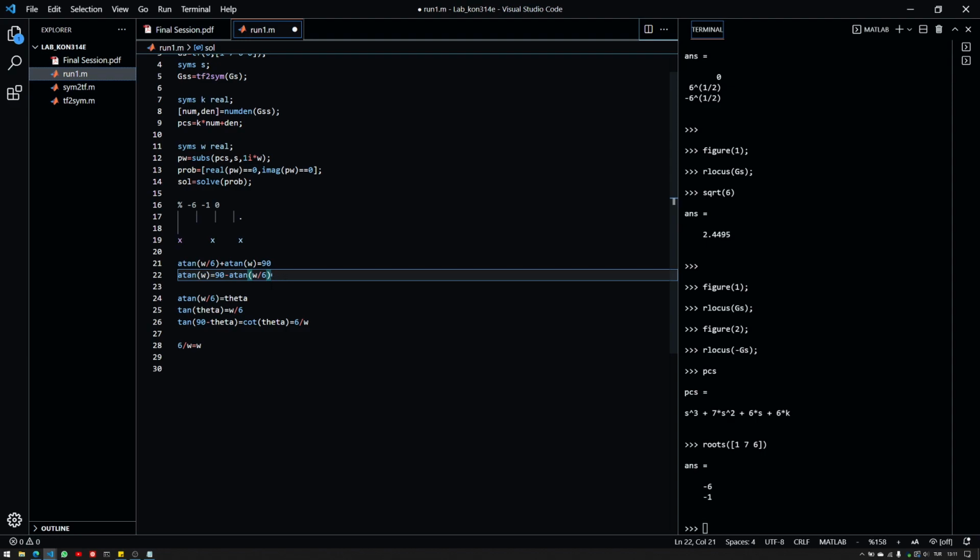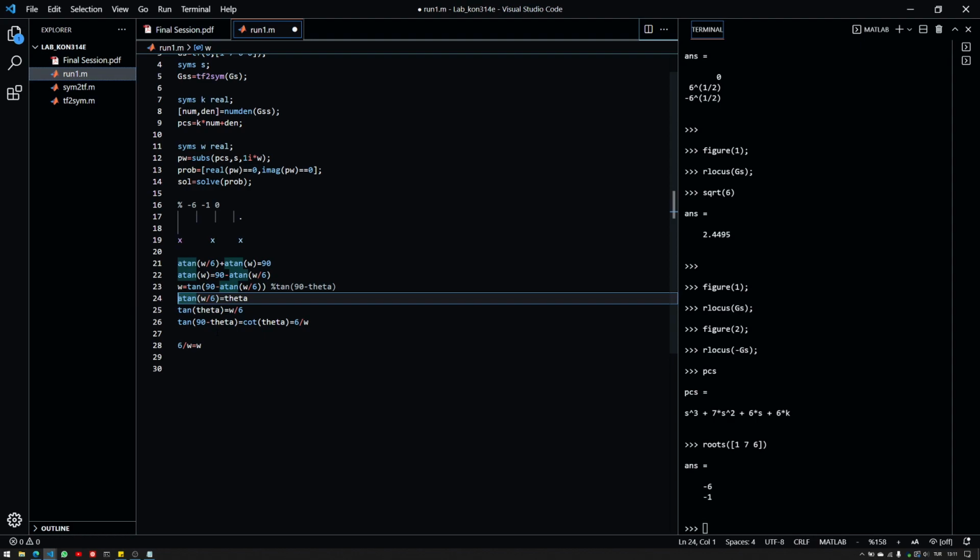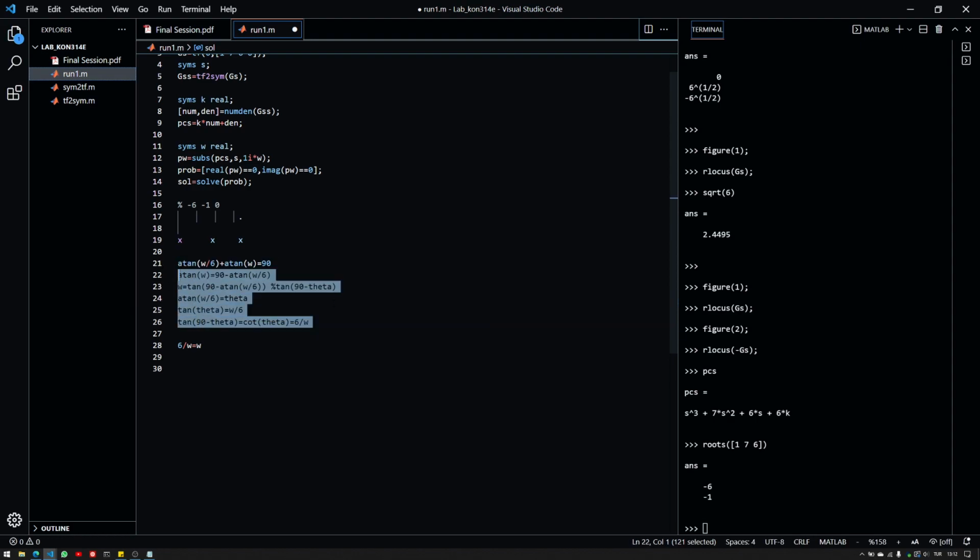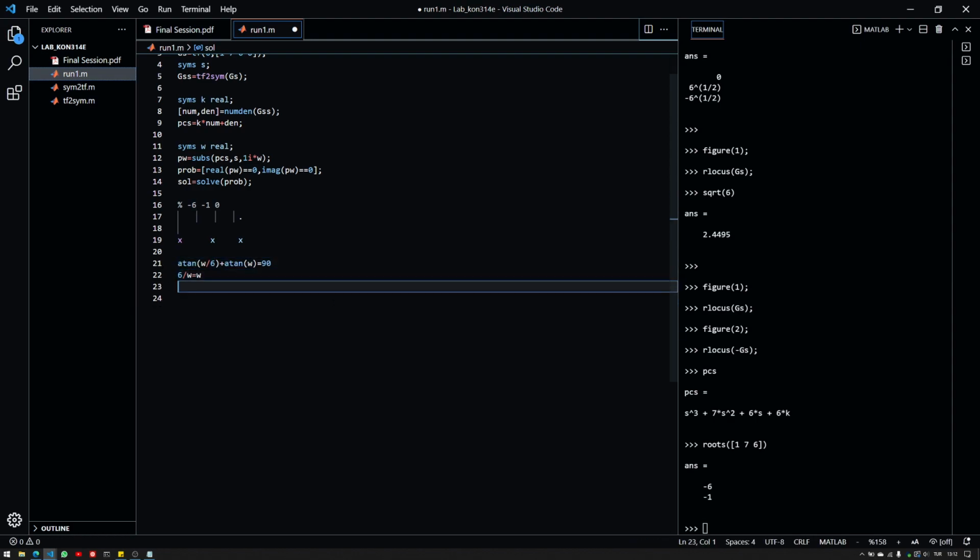So this was theta, 90 minus theta, have the tangent of theta, so tangent of this expression, or in other words, tangent of 90 minus theta. So therefore, we can see that the angle condition given like this would correspond to this equation here.